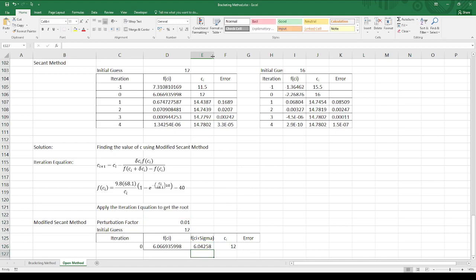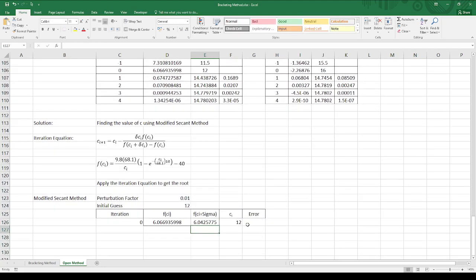We have this one. Okay. Then in finding the new root, that would be c sub I minus open parenthesis perturbation factor times c sub I times f of c sub I close parenthesis divided by the difference between this one, and minus this one.